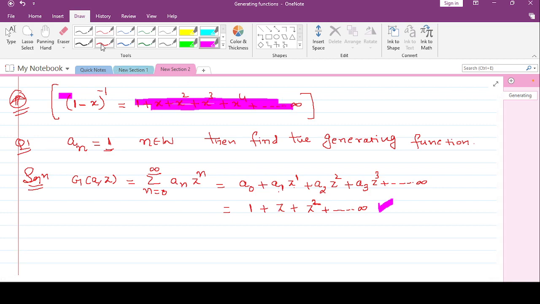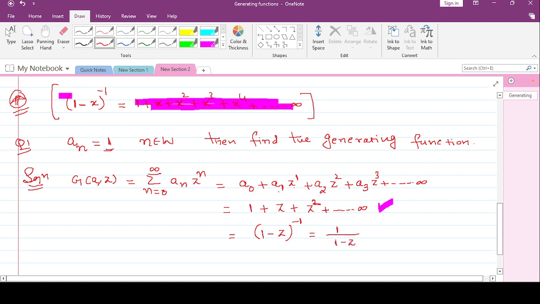Once you compare it, we conclude that this can be written as (1 minus z) raised to the power minus 1. So (1 minus z) to the power minus 1 is 1 by 1 minus z. So if your sequence is 1, in that case your generating function is 1 by 1 minus z.